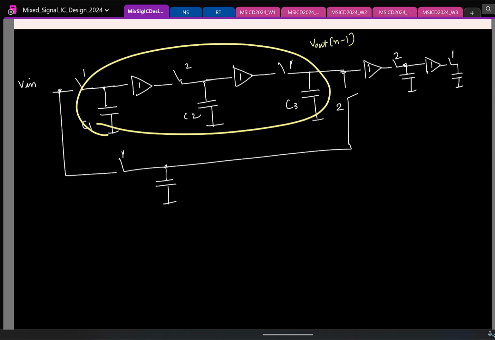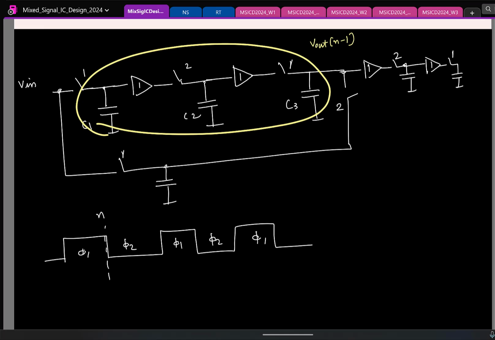Okay, so let me draw the clocks. Let us say this is phi 1, phi 2, and so on. This is, let us say, the nth clock instant. Here I know that across C3 I have V in of n minus 1.